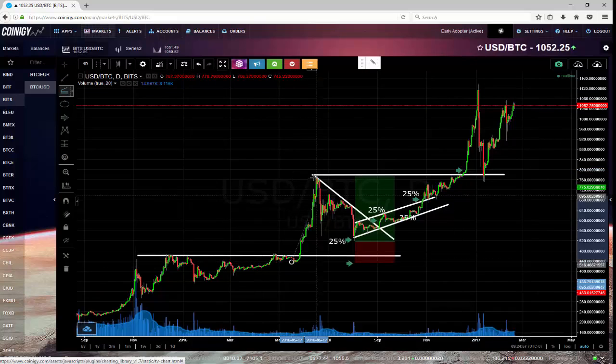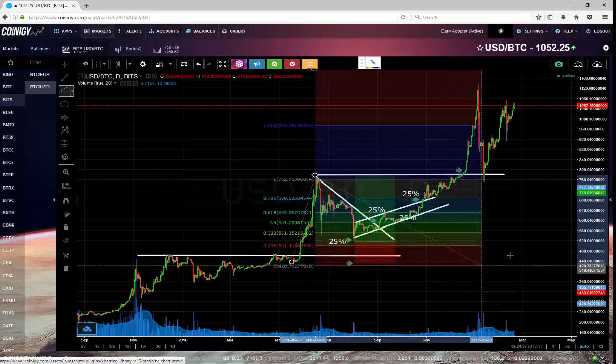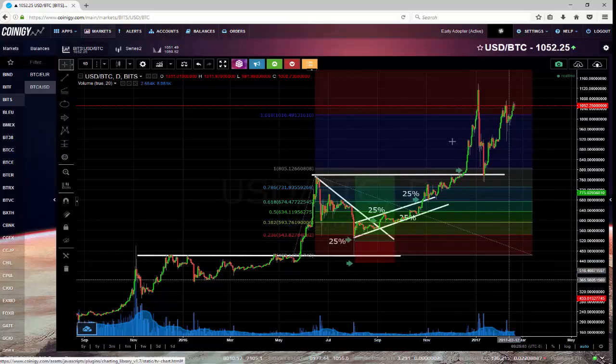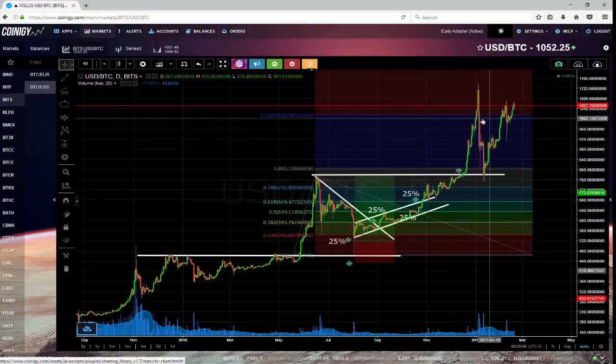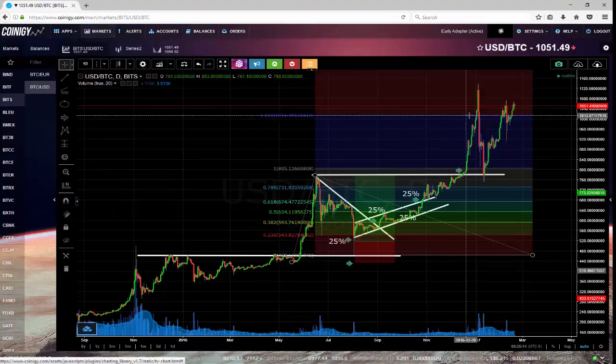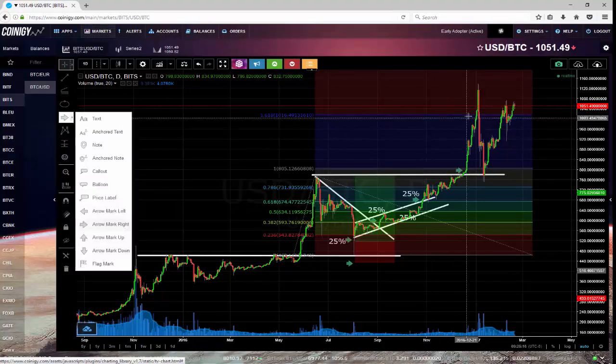If you were to use a Fibonacci extension, you can see that 1.618 resistance is right here. So obviously you can look to take profit, start scaling out in increments, perhaps sell 25% over here.